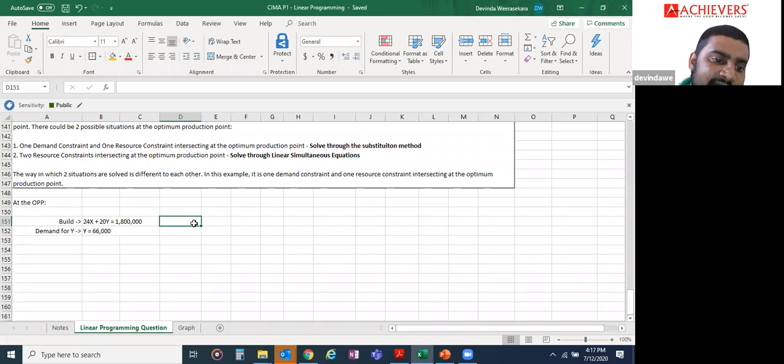You already know the value of Y, because one of the constraints is Y equals 66,000, where you are meeting the maximum demand of Y.